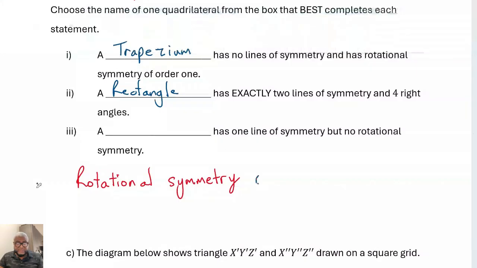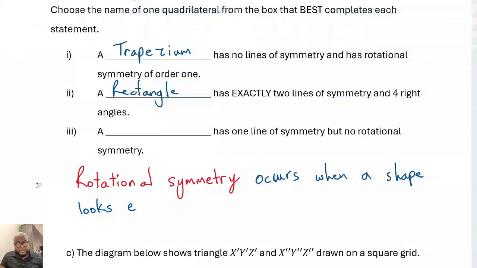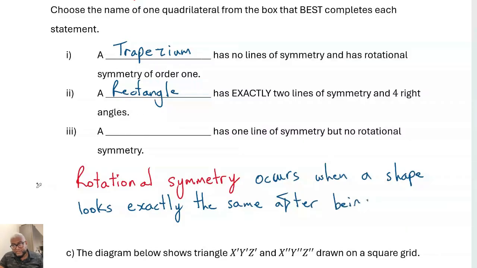Rotational symmetry occurs when a shape looks exactly the same after being turned.